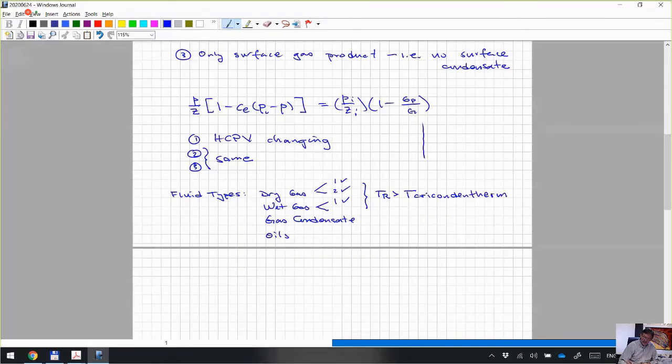Remember when we look at our phase diagram, it looks something like that. This cricondentherm is this rightmost temperature, and at all temperatures above that, you only have single phase fluid. We're going to call it gas, but it's single phase. So out here, it's single phase.